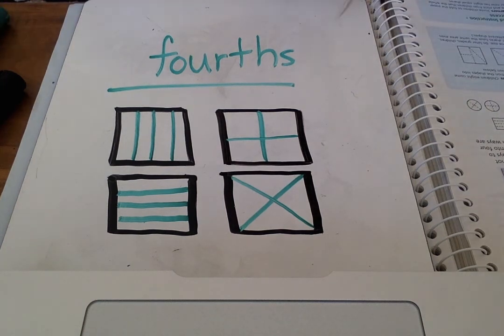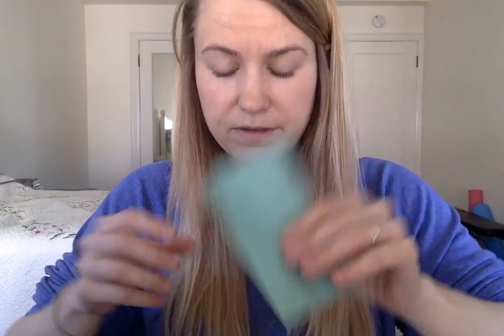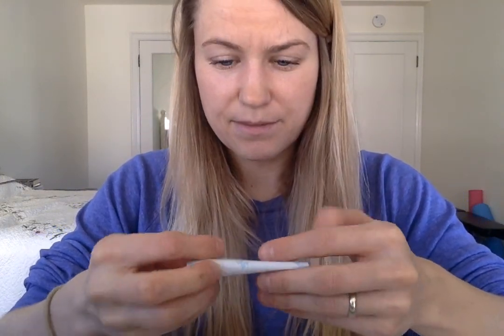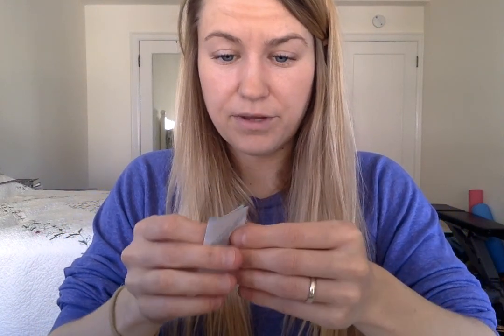Excellent. You could have also done this physically with your shapes by folding this into a half and then folding it again, same direction. All right, and you'll end up with, it's hard for you to see a little bit the crinklies, but 1, 2, 3, 4 fourths. 4 parts that are equal shares.